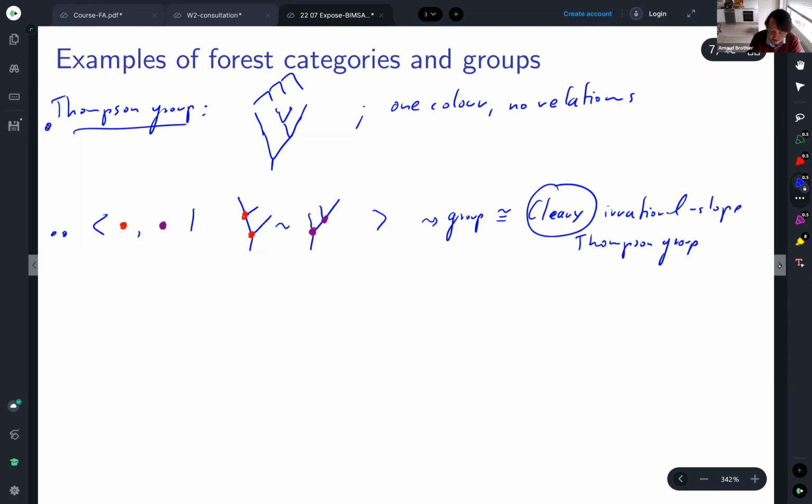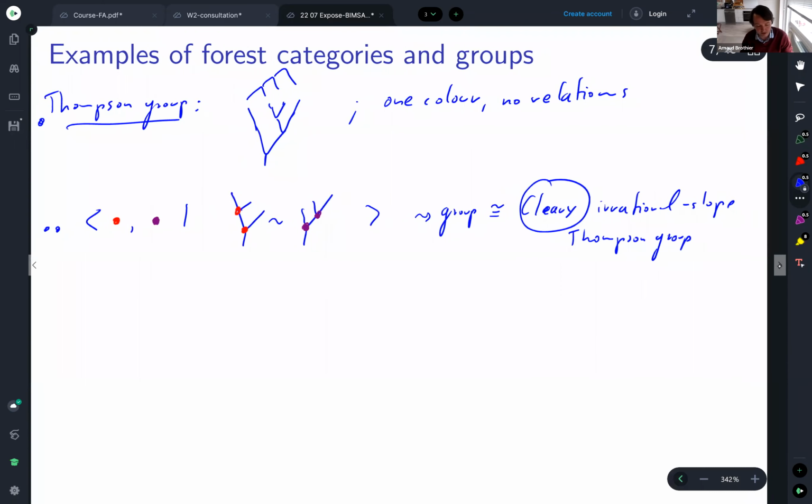That was defined by Cleary about 15 years ago, I believe. And recently it has been quite studied by a group of group theorists, Burillo, Nucinkis, and Reeves, where they did quite a lot on that. It actually inspired me for the right setup of this.